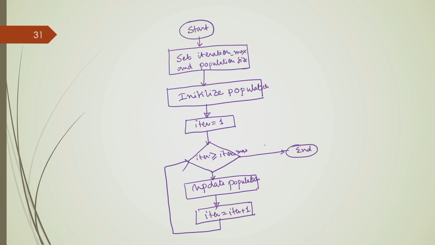Here, if yes, then it ends; if no, it will keep updating. In fact, this is the basic algorithm, but one can obviously change it by suitably revising some of the things.